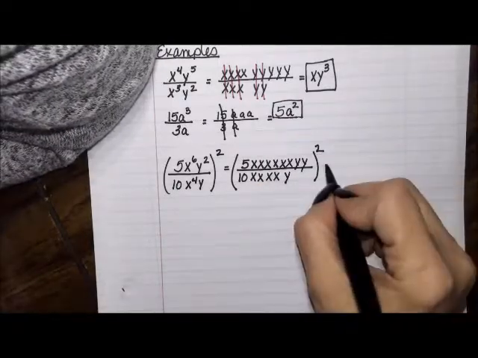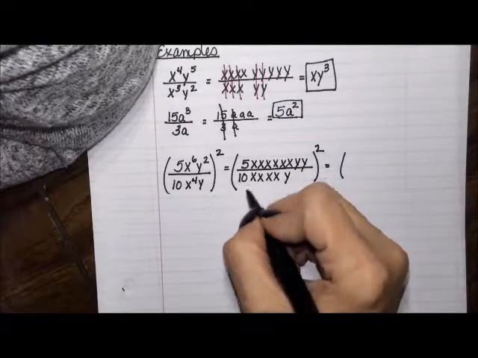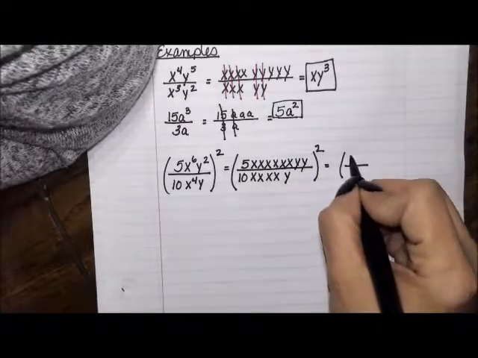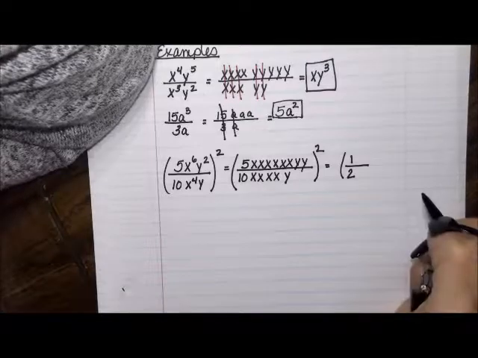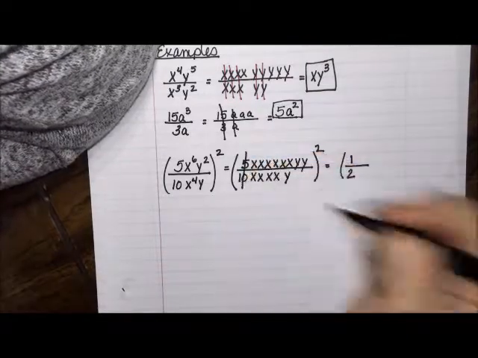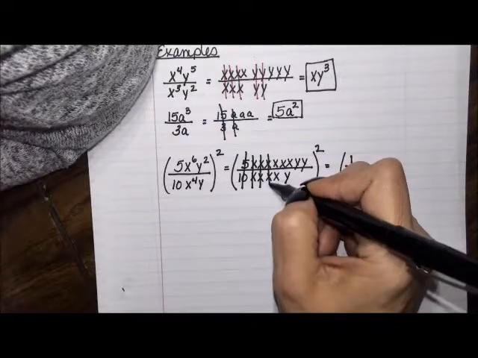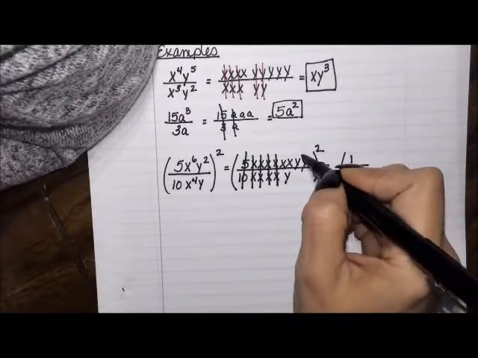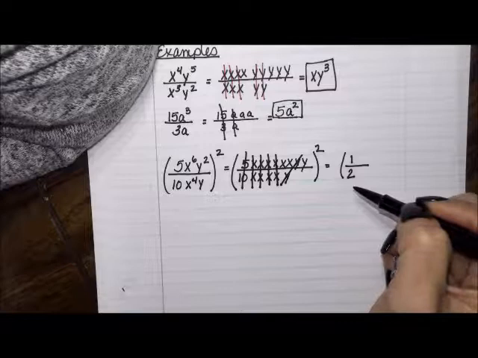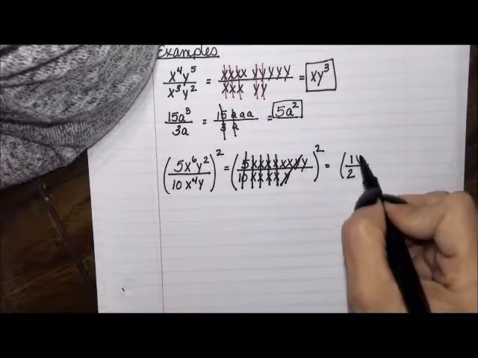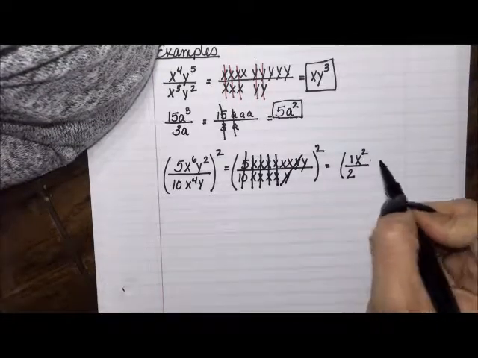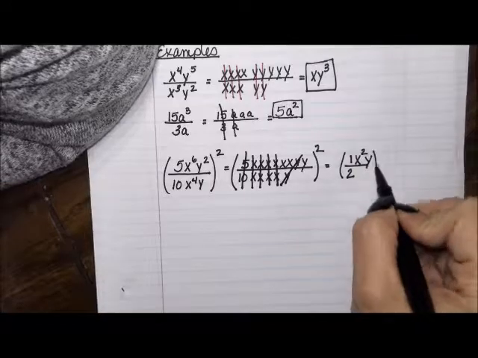Okay, well, let's see, 5 over 10 is going to give me 1/2. So I'm going to mark those off. Everywhere they line up, we're going to mark them off. And we're going to have a y there. So I still have x to the 2nd power on top, and I have a y.